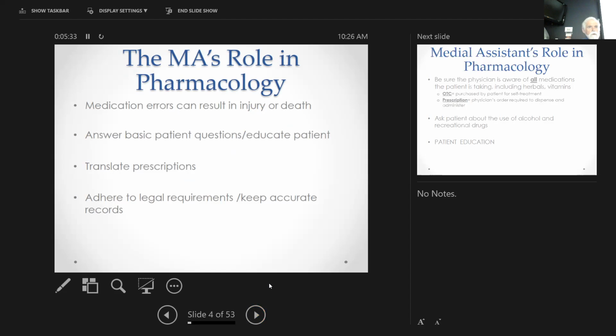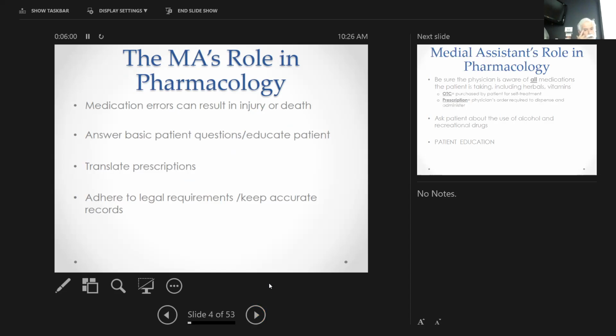The other thing is that you need to be able to answer basic questions about the drugs and to educate the patient. Now, this is different from counseling the patient. Counseling the patient is really the doctor or the PA or the NP's job, okay?